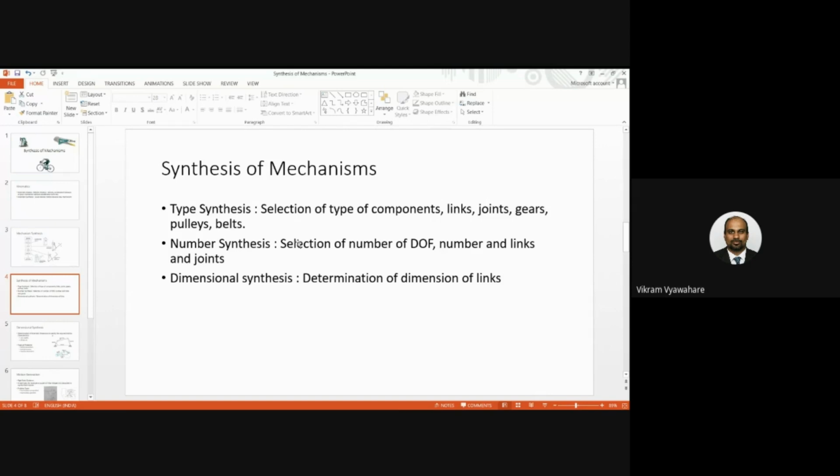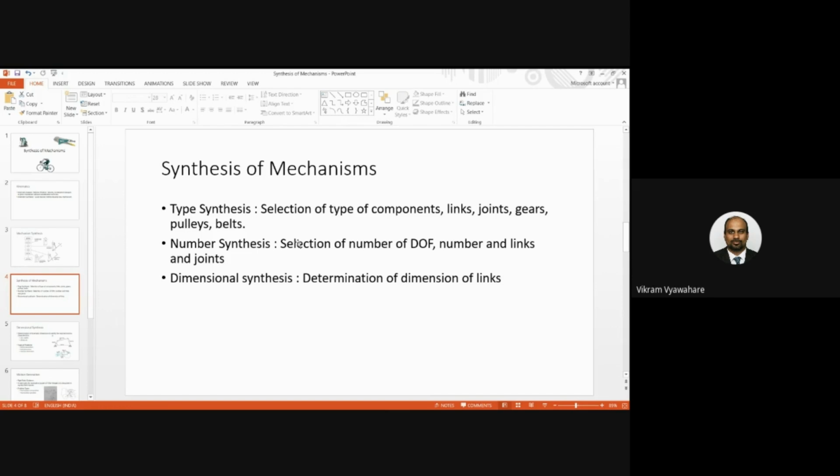Not the dimensions, but which components. That is called type synthesis. So I am going to use this type of mechanism, and all those things come in type synthesis.